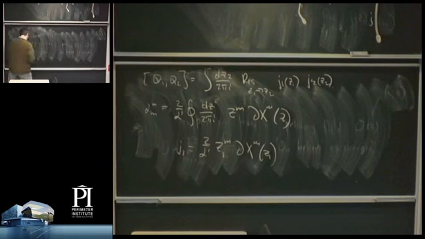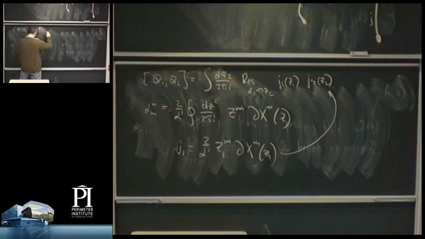How do we compute our commutators? Again, it was on the blackboard that I erased just before that. So the commutator of Q1 and Q2 is going to be equal to an integral dz2 over 2 pi i of the residue of z1 over z2, J1, J2.